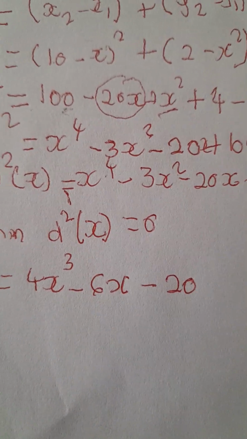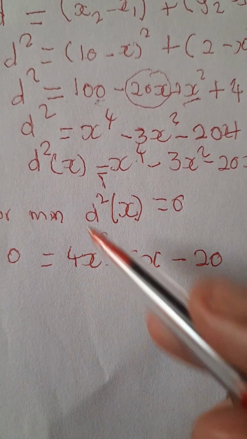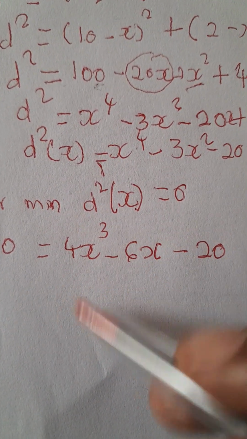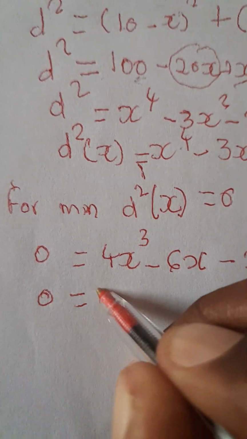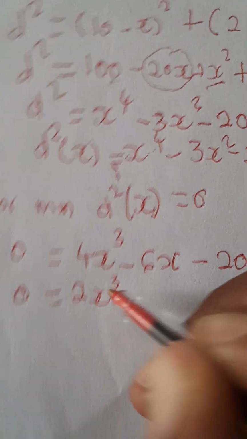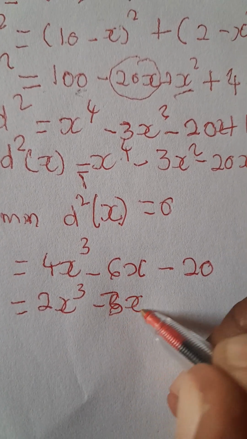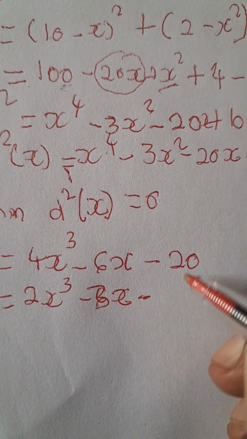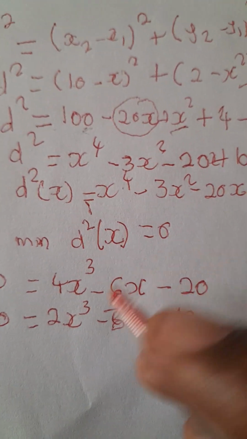From there, we can divide both sides by 2 to make it simpler. So this here will be 2x cubed minus 3x minus 10. Remember that I divided by 2.